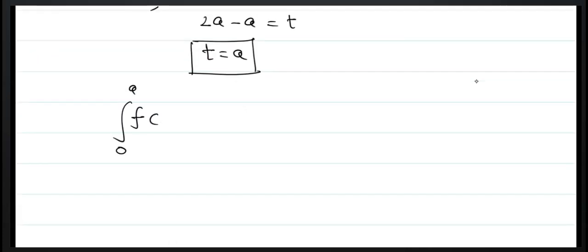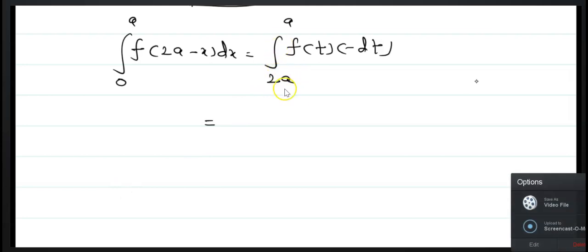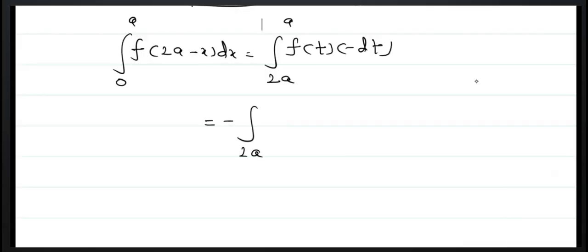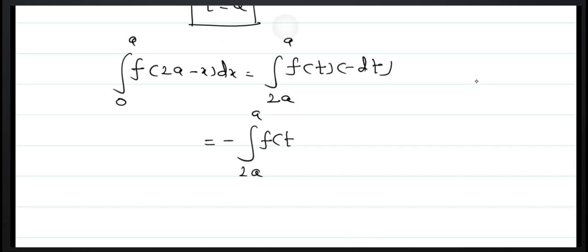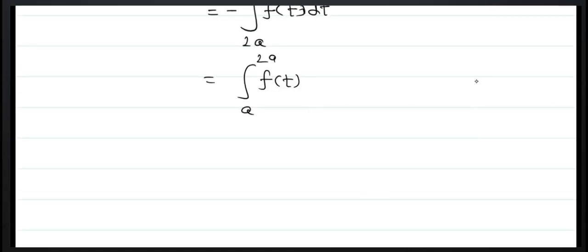Therefore, integral 0 to a f of 2a minus x dx is equal to the integral with lower limit 2a and upper limit a of f of t into minus dt. Then you will have the minus sign. Absorb the negative sign: a to 2a f of t dt.